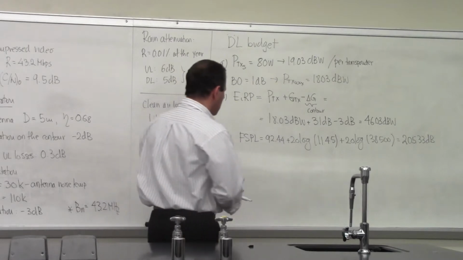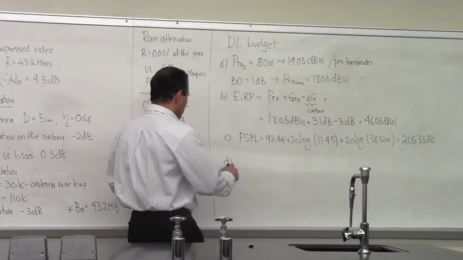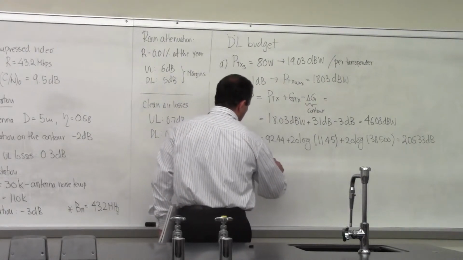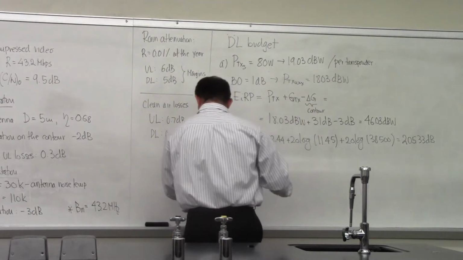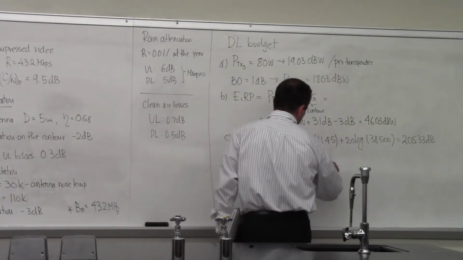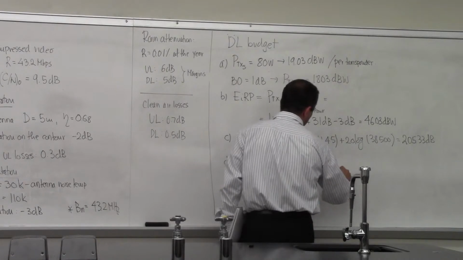Now, so I calculated here. Okay, so let's do the sensitivity at the ground. So noise in dBW is going to be your 10 log of k T system times the noise bandwidth.